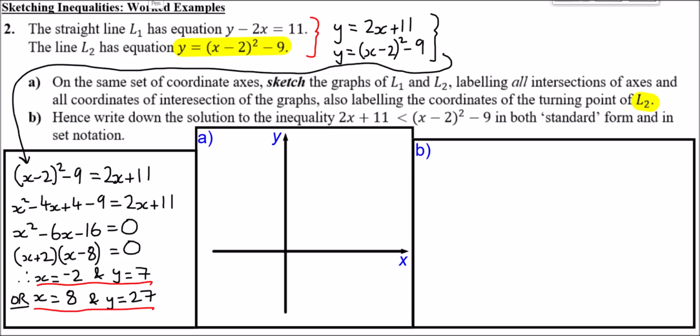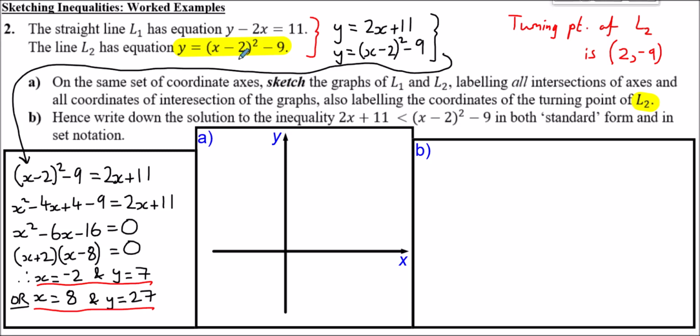And so what this tells us is the turning point of L2 is actually going to be (2, −9). That's where this parabola is going to have its minimum point. So it's going to have a minimum at (2, −9).